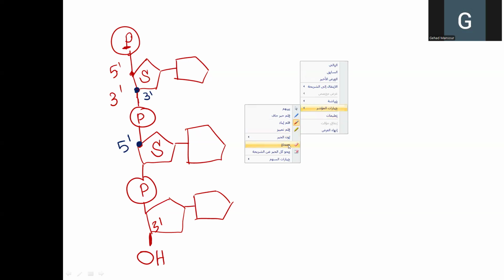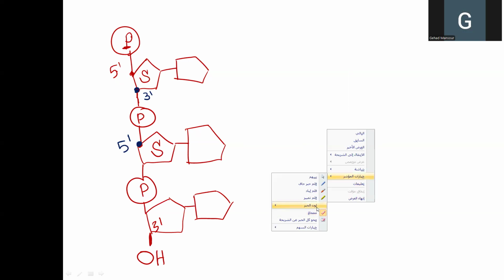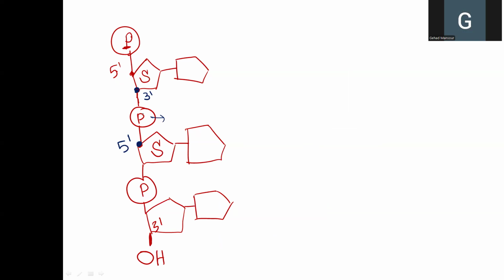I'm just reviewing with you the structure of DNA because it's very important to understand everything else. So inside the polynucleotide strand, as I said, the phosphate is bonded on both sides. And similarly, this hydroxyl group is bonded here at the 3' carbon atom to phosphate.